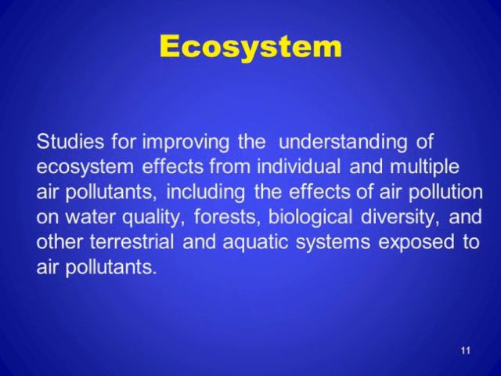Ecosystem. Studies for improving the understanding of ecosystem effects from individual and multiple air pollutants, including the effects of air pollution on water quality, forests, biological diversity, and other terrestrial and aquatic systems exposed to air pollutants, was also required by Title IX of the 1990 Clean Air Act amendments.